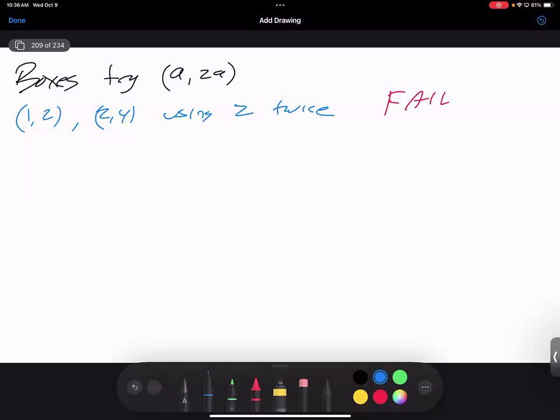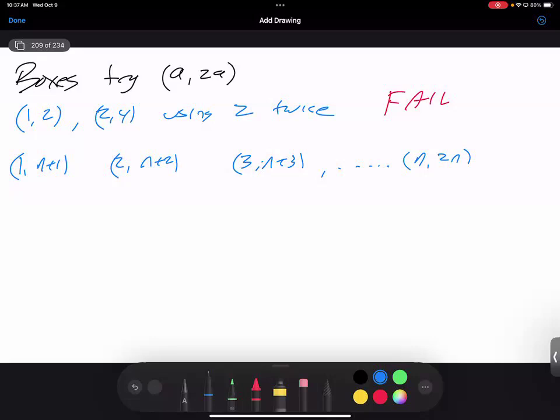Here's another thing we could try. We could try 1 and n plus 1, and then 2 and n plus 2, and then 3 and n plus 3, all the way down to n and 2n. Would that work as a set of n objects? Well, it'd be nice because n plus 1 is dividing, like the case that we saw with 1, 2 and 2, 4.